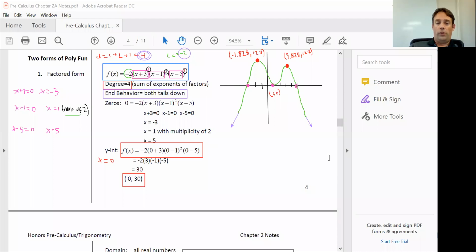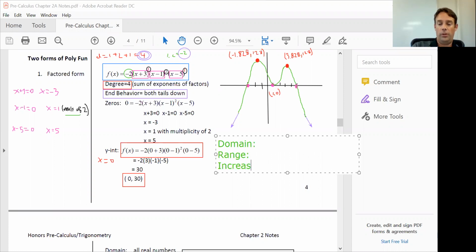Why don't you guys take a quick little step back here, and I want you guys to do something for me. I want you to tell me what the domain is, tell me what the range is, tell me when it's increasing. Yeah, let's do the mins first. Relative minimum. Why don't you tell me the relative maximum?